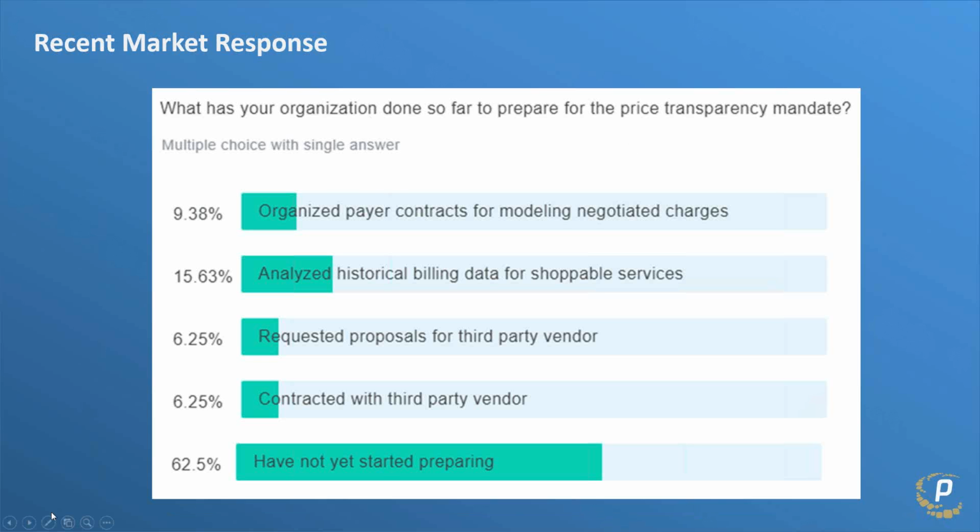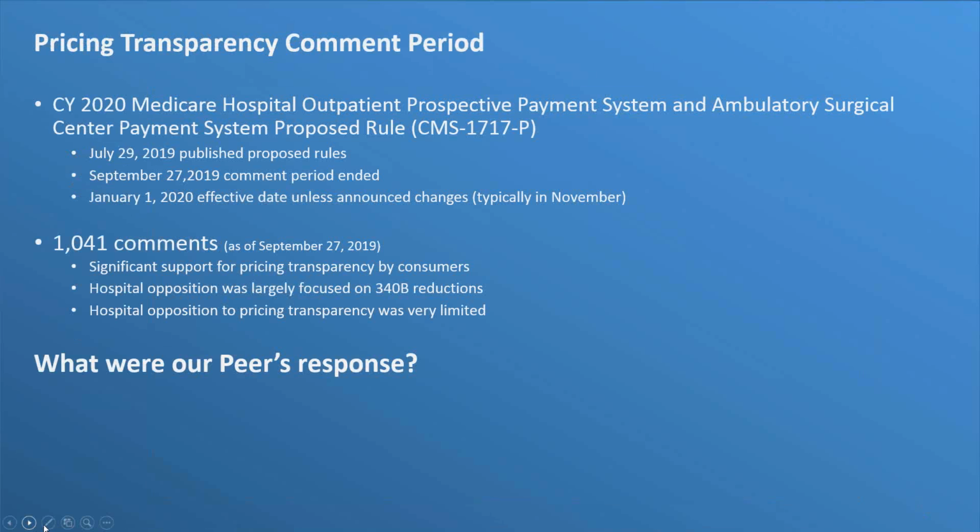When we look at a session we did with the New Jersey HFMA group in Atlantic City a couple of weeks ago, we saw similar results. I think we're trending around 50 to 70% of organizations that really haven't started, but most are starting to realize that this is something we're going to have to move forward with.